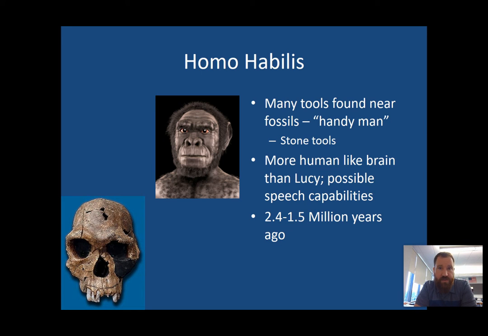This is another discussion board question: do you think that tools should be the distinguishing feature? Because that's essentially what we're saying here, that because this species used tools, that we have evidence that they used stone tools, that should place them within the human genus. That is something that humans do, that we've always done, and it is a defining characteristic of our human species, is tool use.